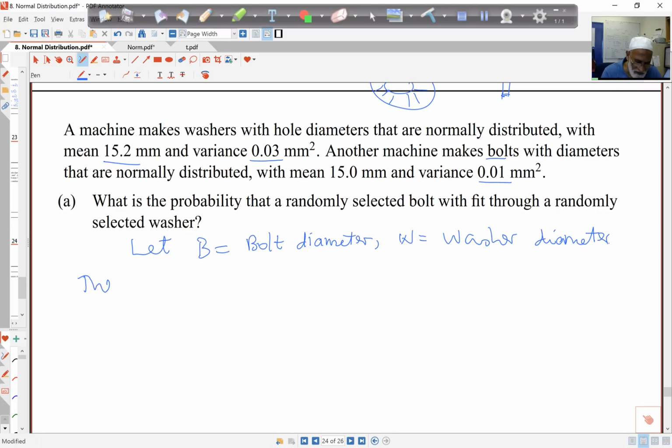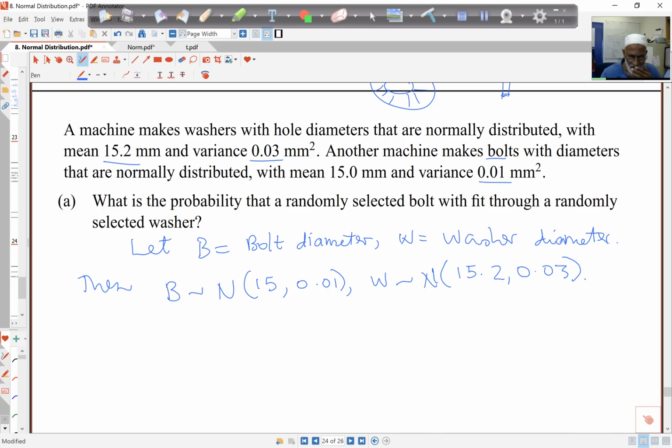So then I need the distributions, and each of them is normal. So the bolt diameters are normal. The mean is 15 and the variance is 0.01, and the washer is again normal. The mean is 15.2 and the variance is 0.03.